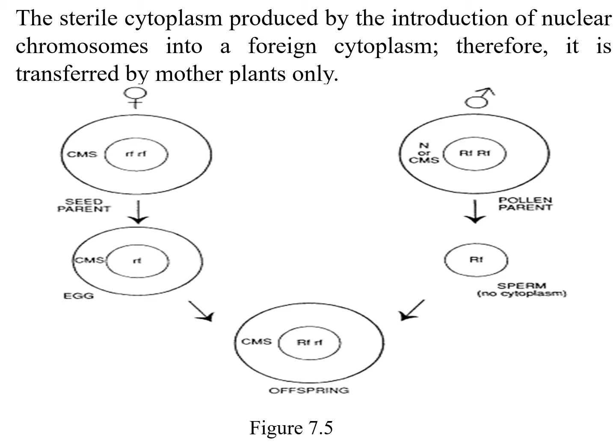So it will transfer to the CMS RF small, and when they cross, they produce offspring which will have CMS coming from the egg, but the restorer gene that came from the pollen, RF capital, RF small, produces normal pollen or normal gametes.